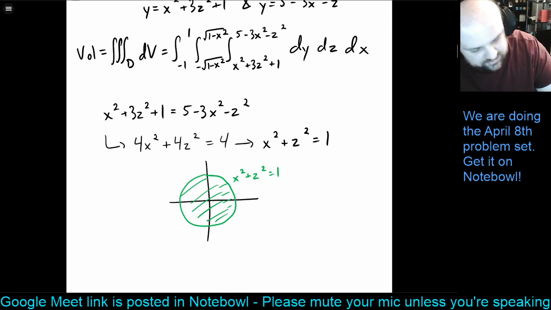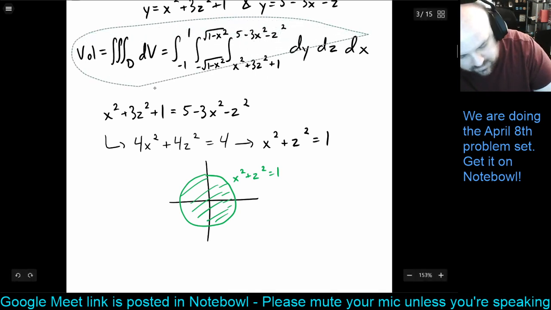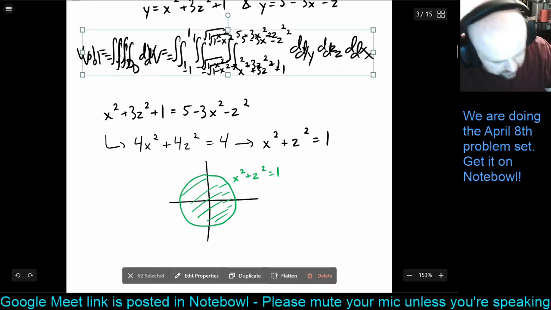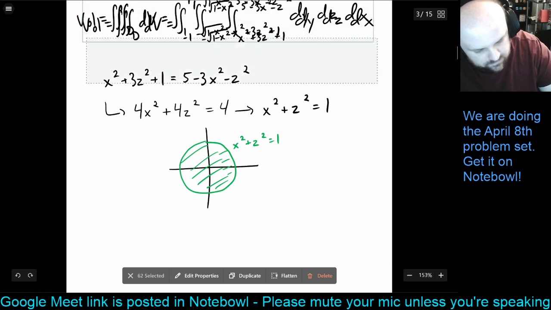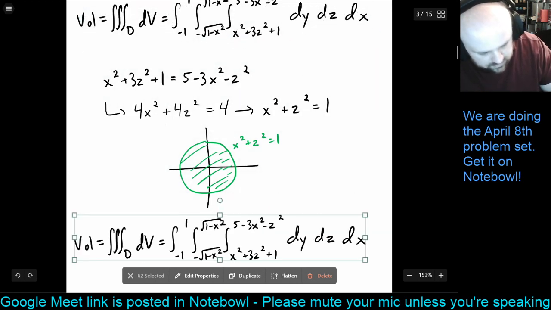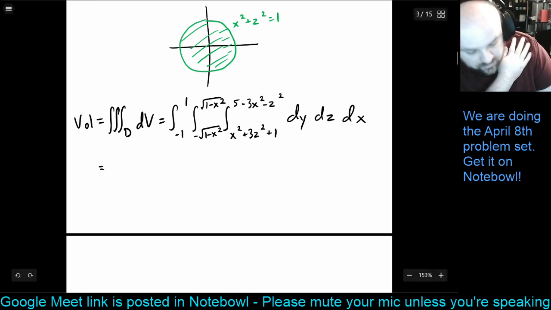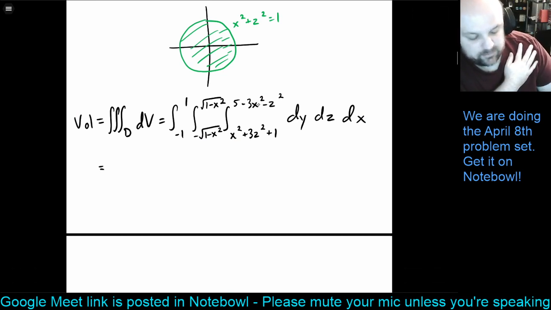So let's see if I can copy this. Right. So when we do this, since we're just integrating 1, it's just going to end up as the top minus the bottom.